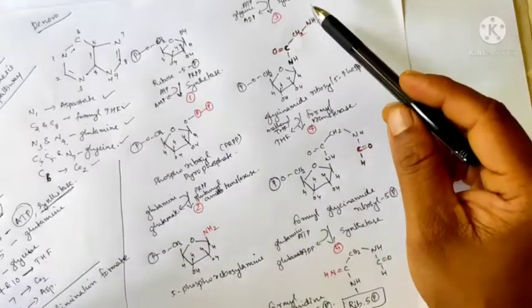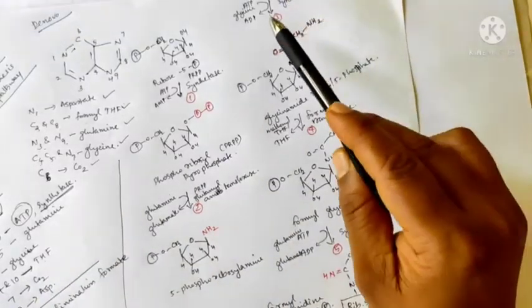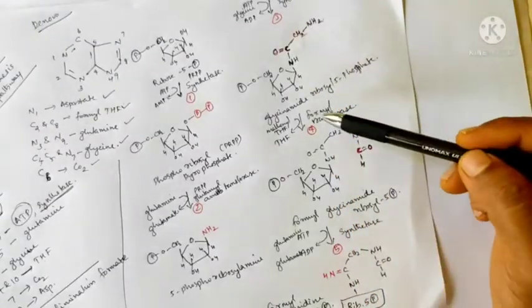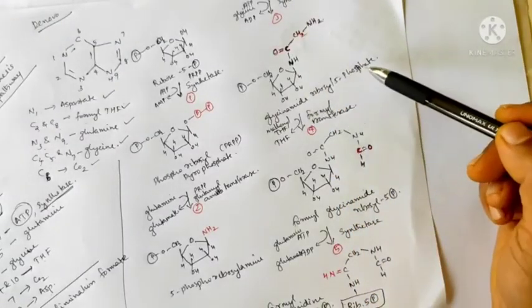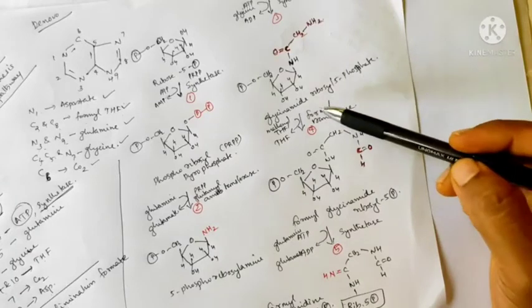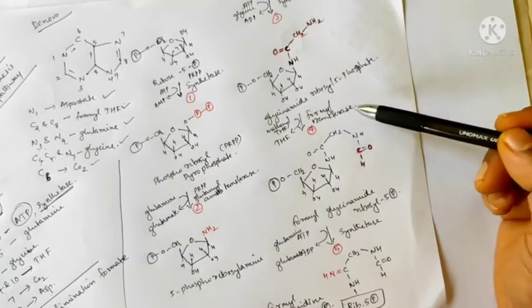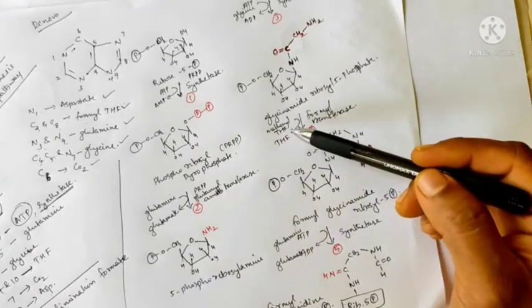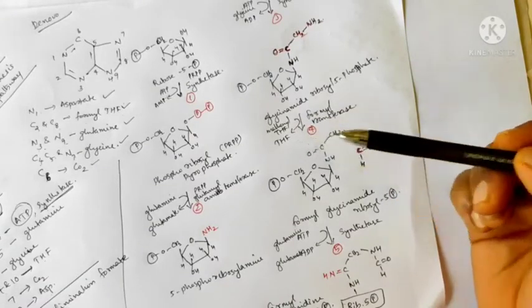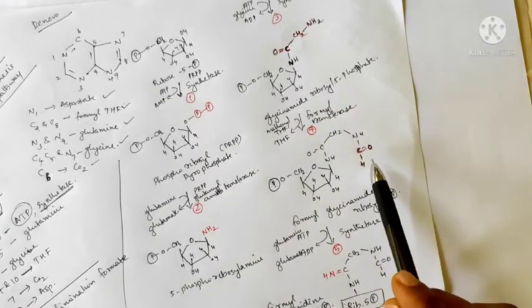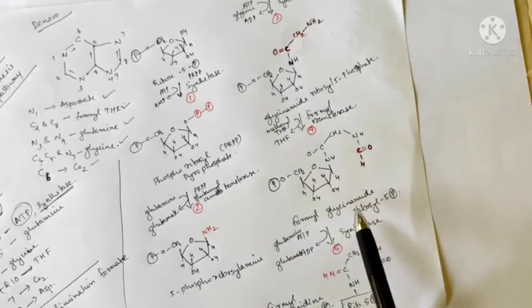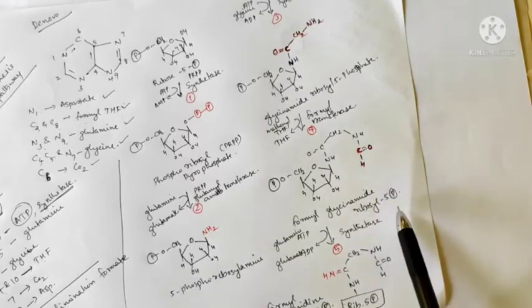Then in the third step, again synthetase and ATP, glycine is required in this step. Glycinamide ribosyl 5-phosphate is synthesized. Then in the fourth step, formyl transferase, methenyl tetrahydrofolate is converted into tetrahydrofolate. A formyl group is attached and it forms formyl glycinamide ribosyl 5-phosphate.